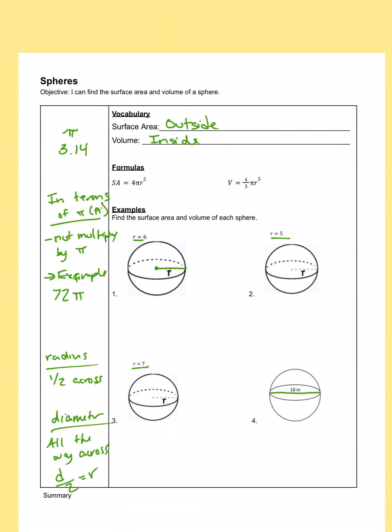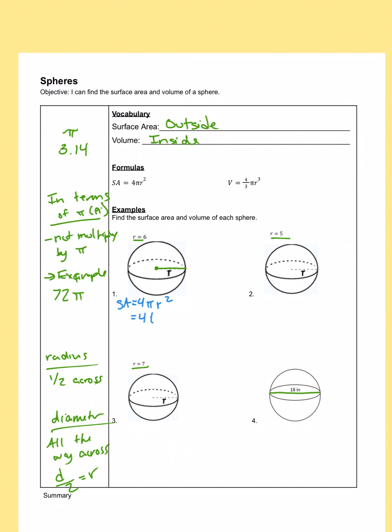Let's start with number 1, and let's just go ahead and do surface area on all 4 of these, and then we'll go back and do volume, just so we can practice the same thing repeatedly. So surface area formula, 4 times pi times radius squared. So I'm just going to plug in that 4.